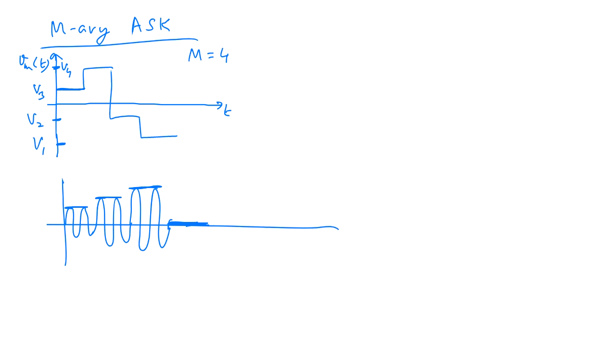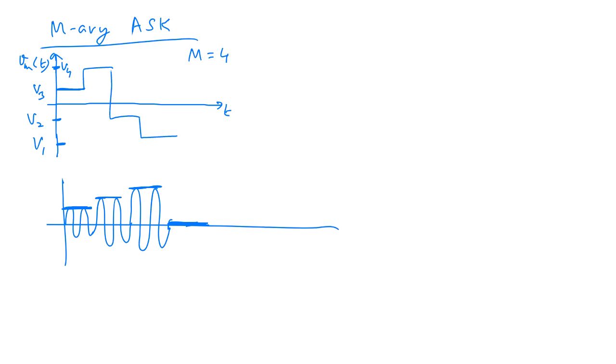So for M-ary transmission, again, the information is contained in the amplitude of the carrier signal, and that is why we call it digital amplitude modulation or amplitude shift keying. So the information is contained in the amplitude of the carrier signal. So by observing the amplitude of the carrier signal, we can decide which symbol was transmitted.